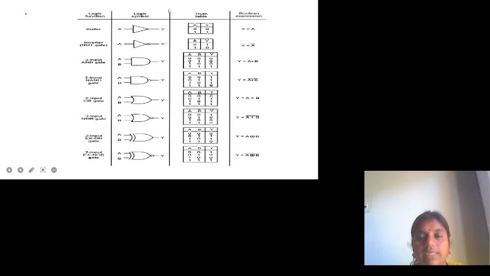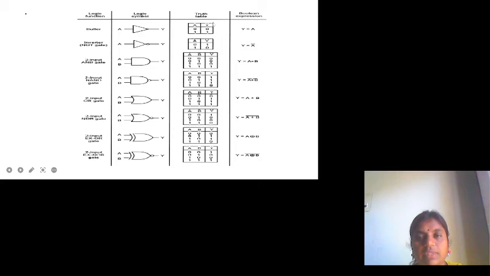So now first the buffer element. According to its nature or definition, if you are giving 0 at the input, let us say A is your input, 0 at the input, the output is also 0. And if you are giving 1 at the input, you will get 1 only. Whatever input you have imposed, the same value will be obtained at the output port of a logic gate.